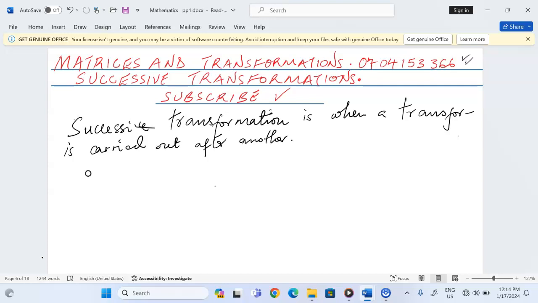They can even be more, not necessarily two, but you carry out a transformation, then after that one you transform that image into a second image. We call them successive transformations.